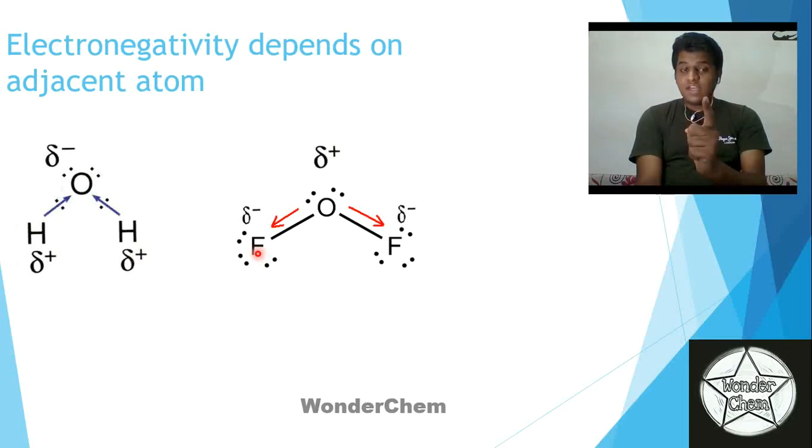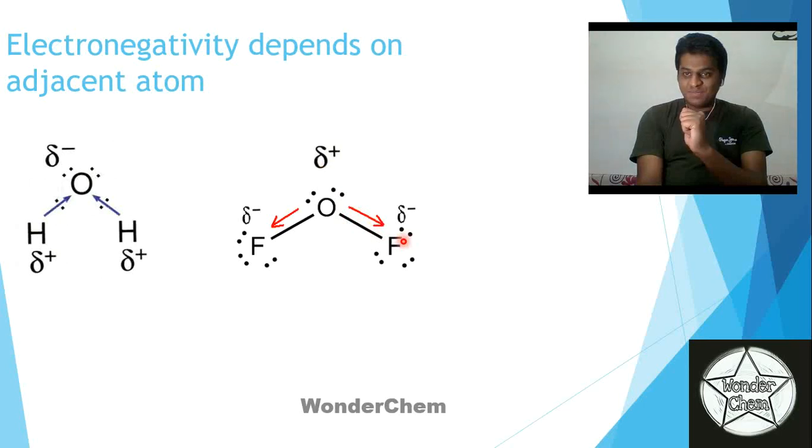Whereas the same oxygen present in the OF2 molecule, here fluorine is more electronegative compared to oxygen. That is why electronegativity is always a comparative study. Now oxygen gains a positive charge over here because the shared pair of electrons of oxygen is pulled more towards the fluorine atom.